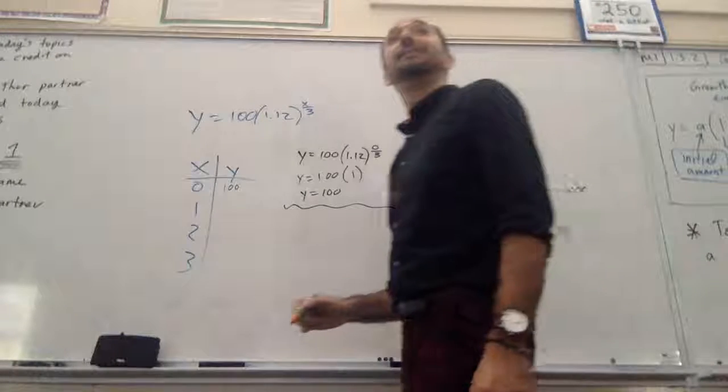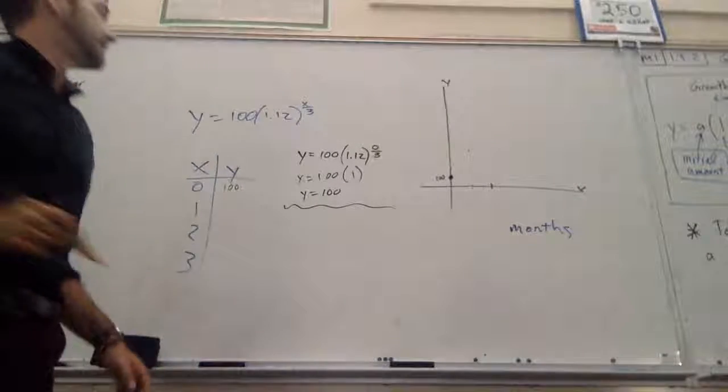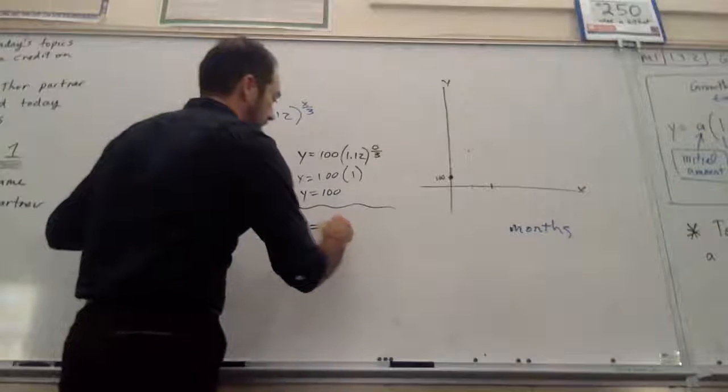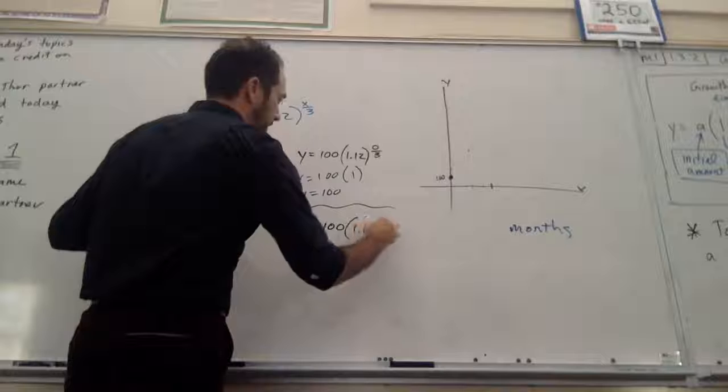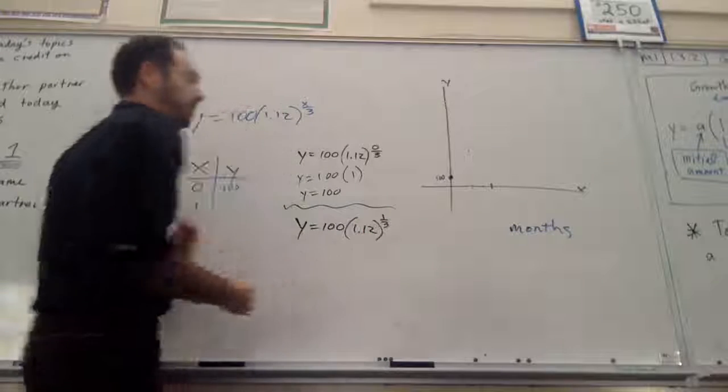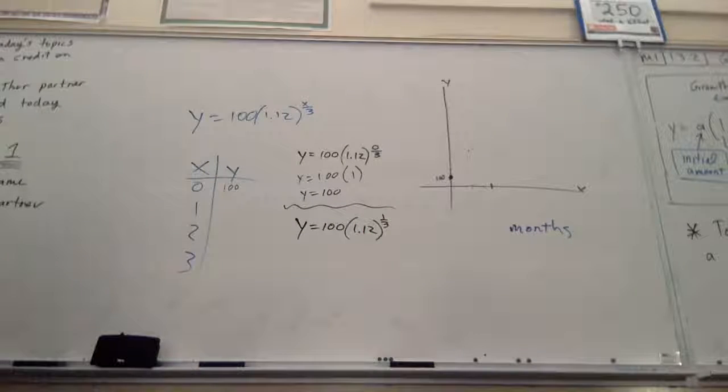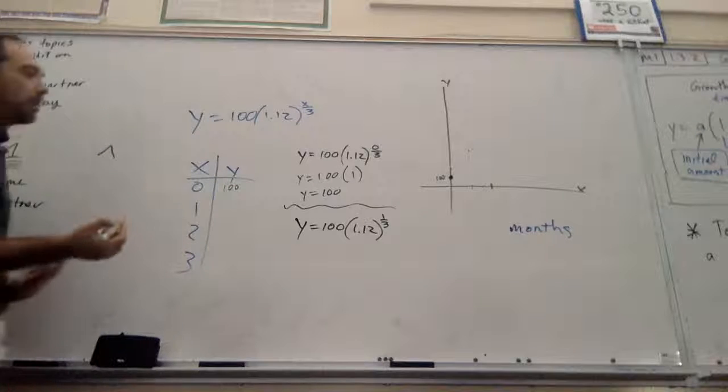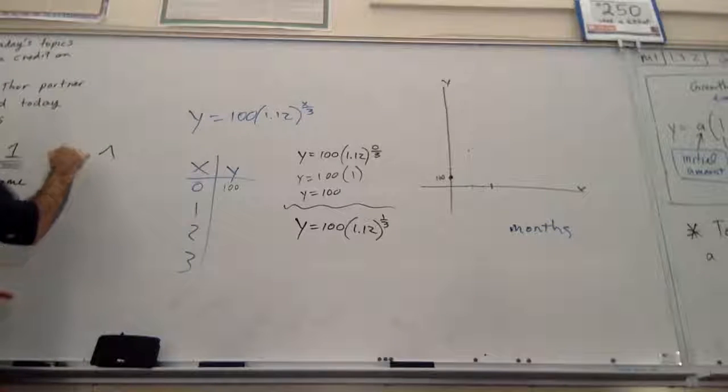What's next? The 1. 100 times 1.12 to the 1/3. Does everybody know how to enter an exponent, like to the 5th power, to the 10th power? It's that little chevron. So if you want, you could try it. Let's see if it works on your calculators.